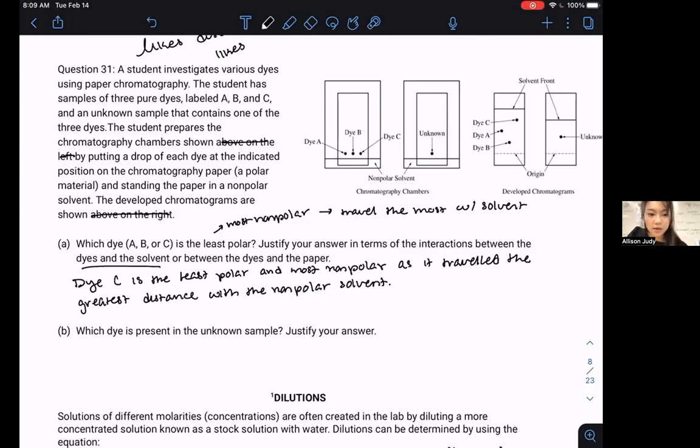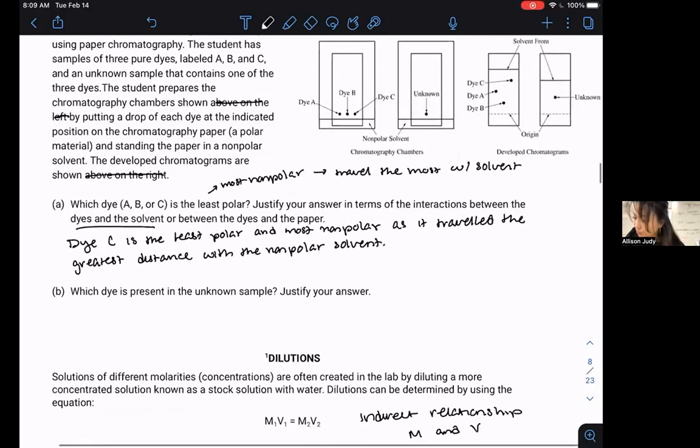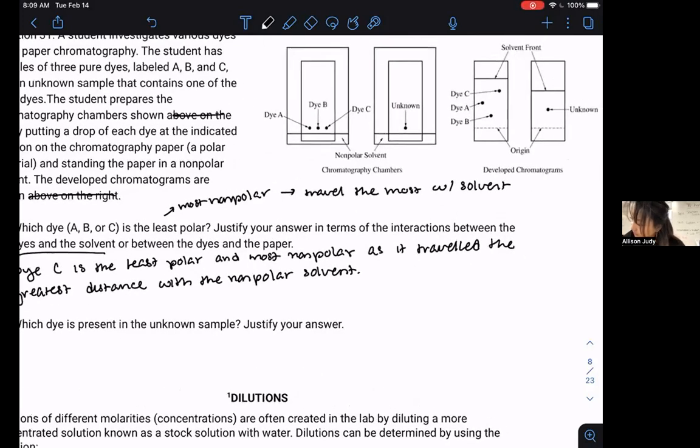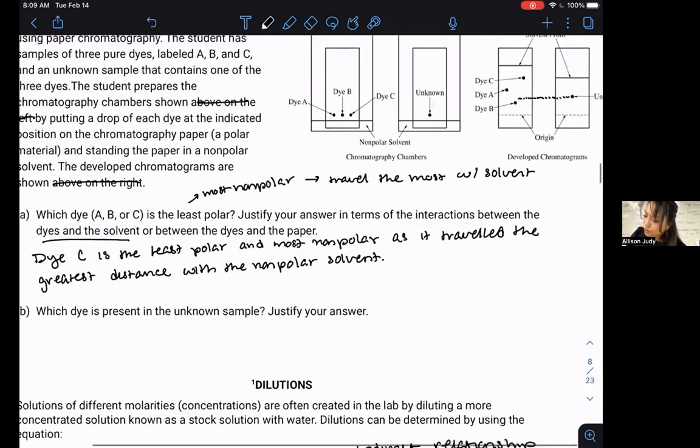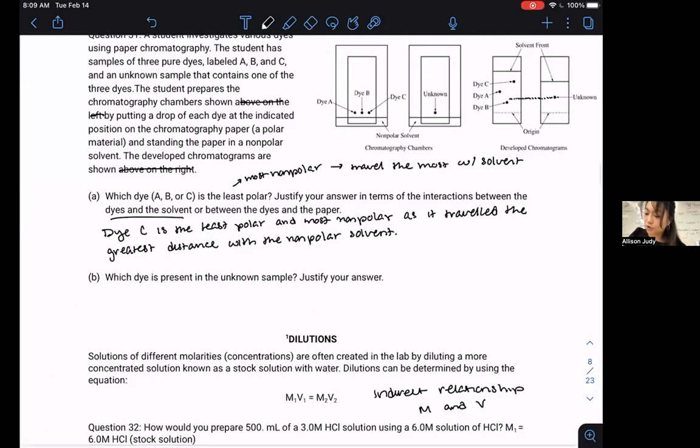B, which dye is present in the unknown sample? If we were to draw a little sketchy line, the unknown sample seems to demonstrate a middle ground between dye A and dye B traveling. So you could choose either.